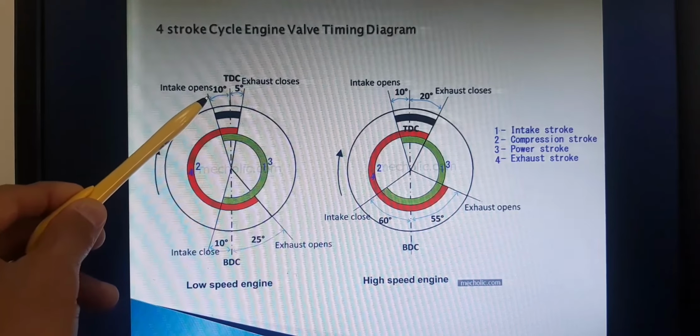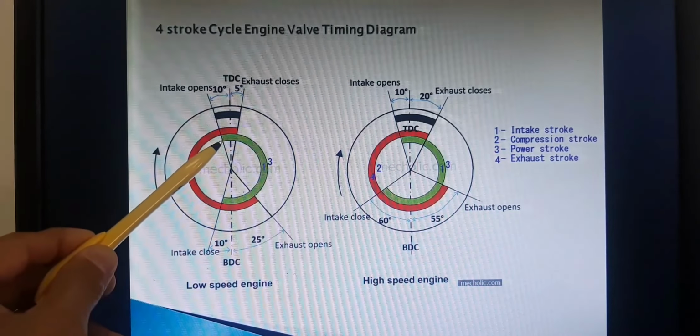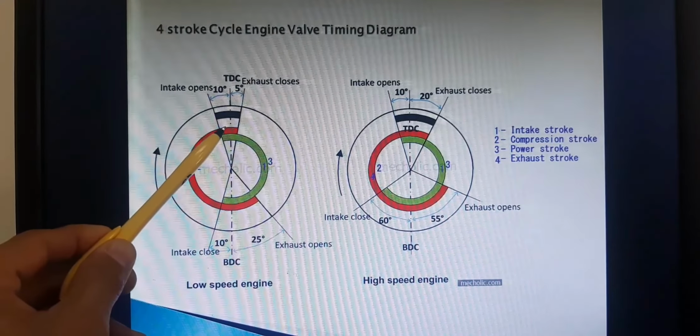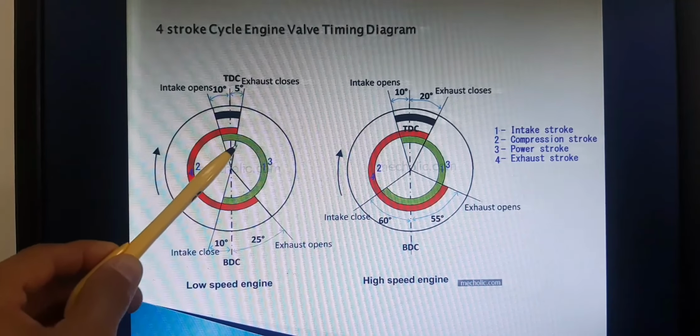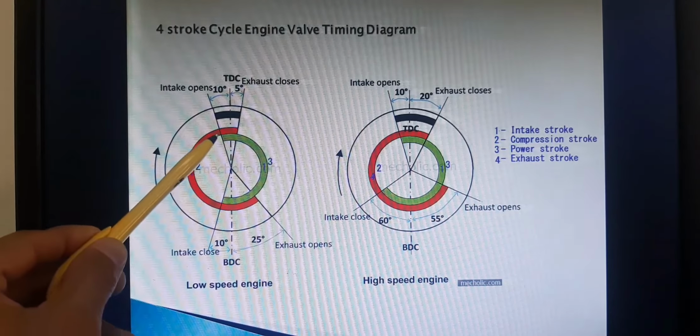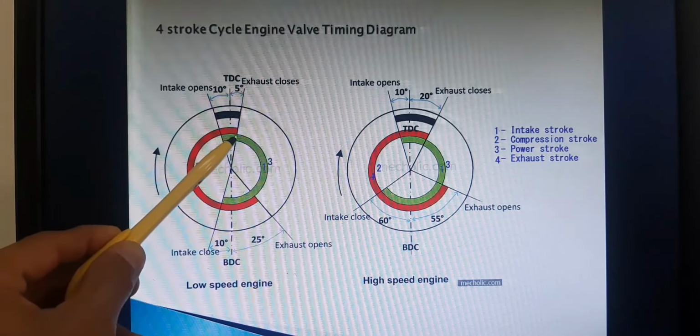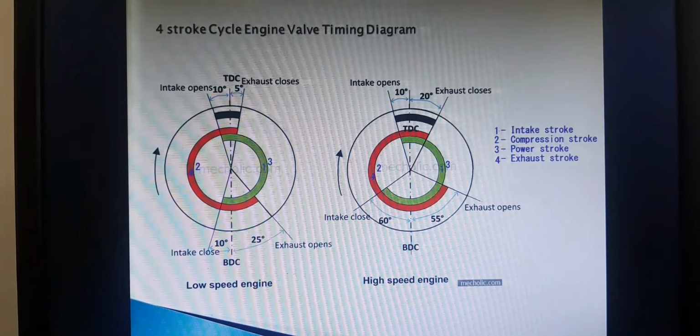But at 10 degrees before, the intake valve will open. So at the same time, in this portion, both valves are open. But this is very quick, so we cannot see it if we're inside the engine.